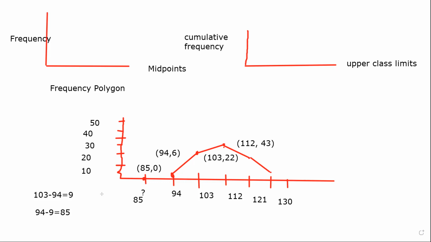So this is going to be 139 over here. So I have 139 here, and I close the polygon with that. That's going to be 139 and 0.